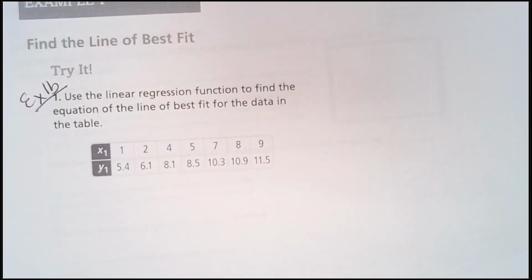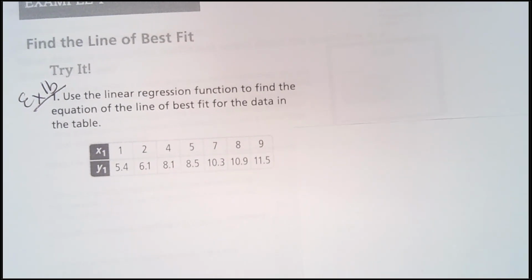Example 1b. Here's a table. What I'd like you to do is to pause the video, go into Desmos, type in your table, and come up with your line of best fit.